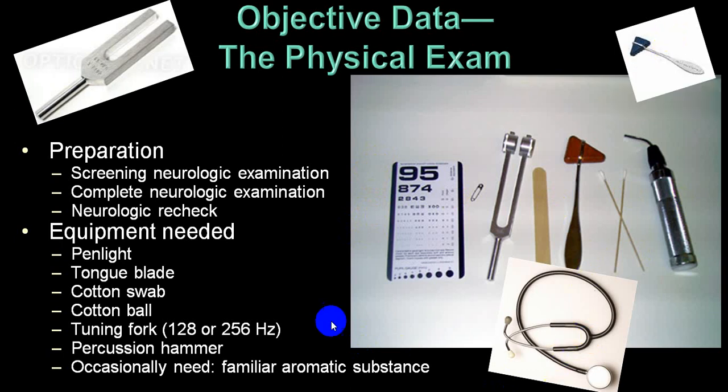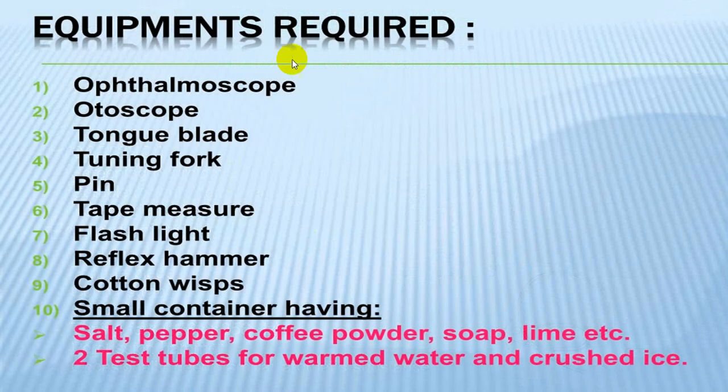Pen light, tongue blade, cotton swab, cotton ball, tuning fork, percussion hammer, all these are necessary for CNS examination. And in the tuning fork, there are different frequencies, 128, 256 and 512. These are the three frequencies which are commonly utilized.